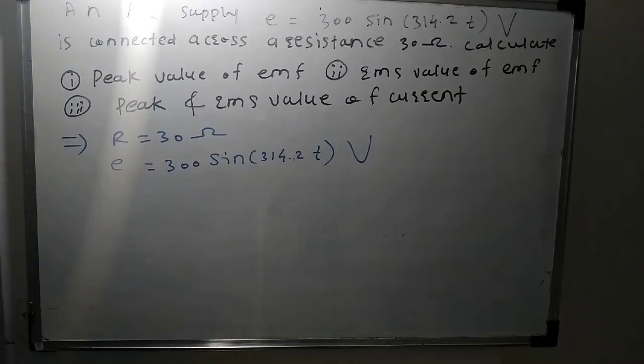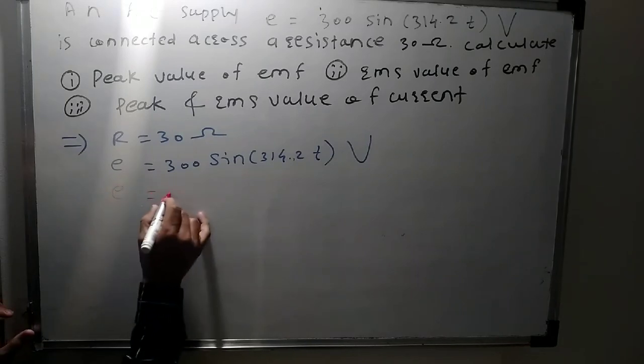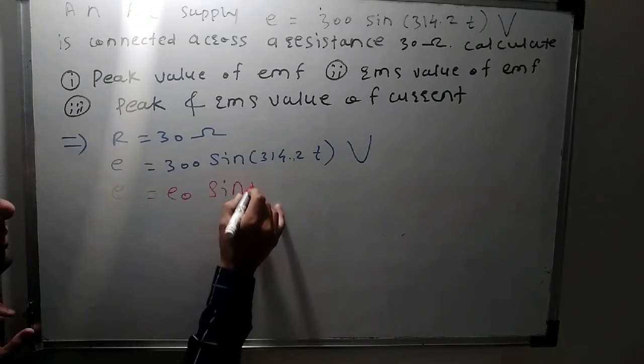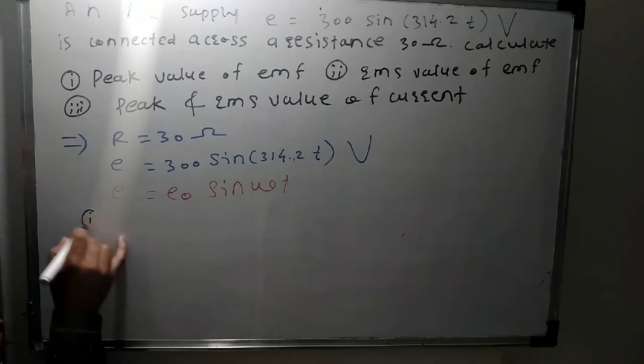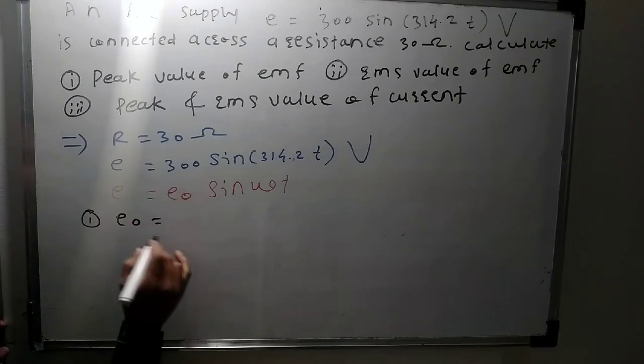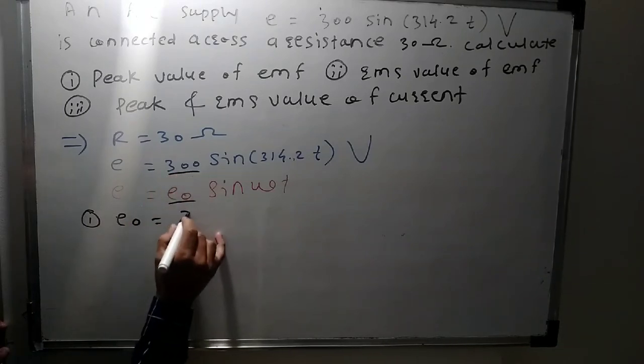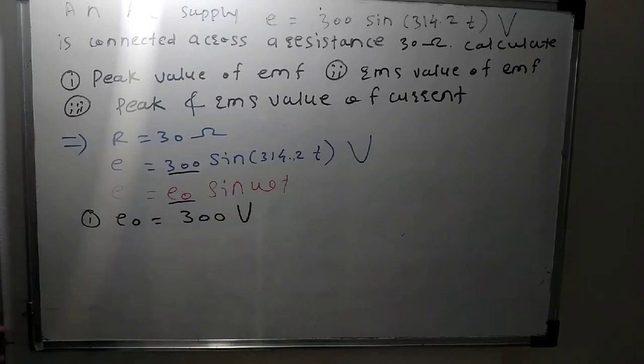If you compare this equation with the standard equation of the EMF, then we can write E is equal to E naught sine omega t. Comparing the values, we have the peak value of EMF, which is 300 volt.